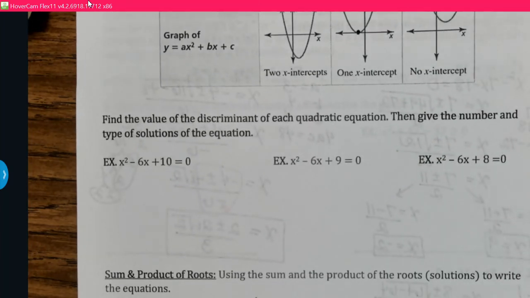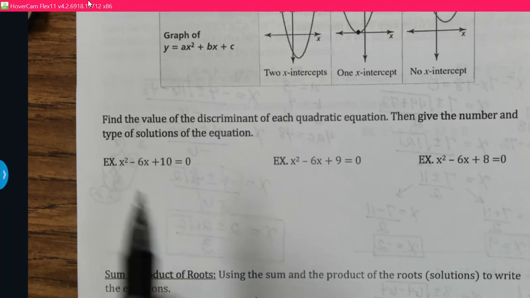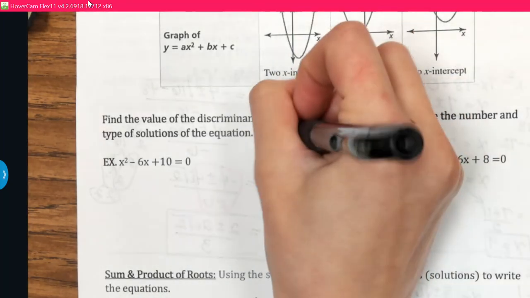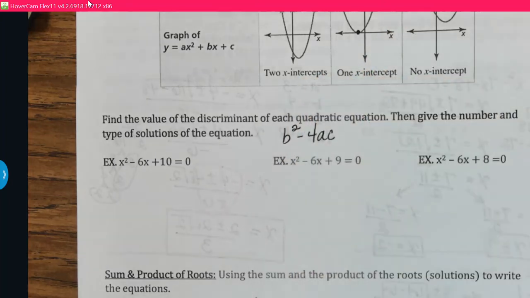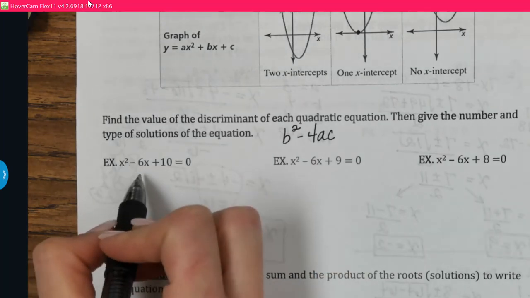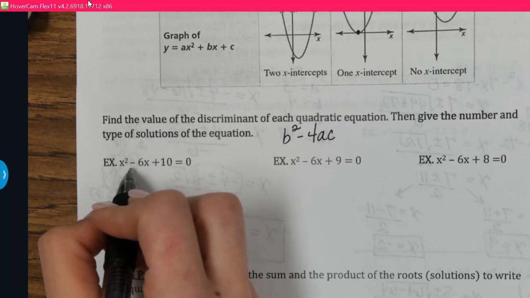Find the value of the discriminant, give the number and type of solutions for each equation. So I have x squared minus 6x plus 10 equals 0. So we are evaluating what b squared minus 4ac is equal to. Okay? So, what's my b? Negative 6. What's negative 6 squared?